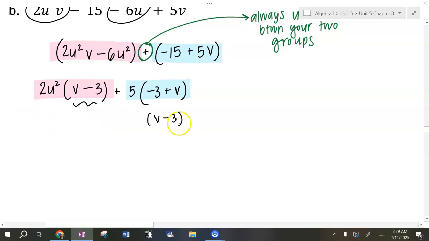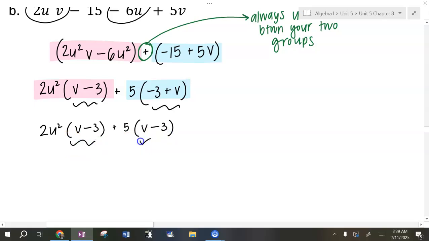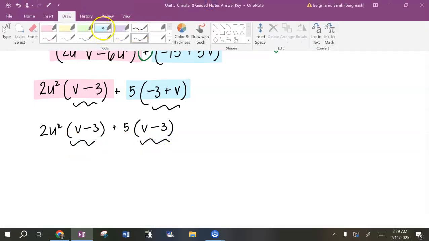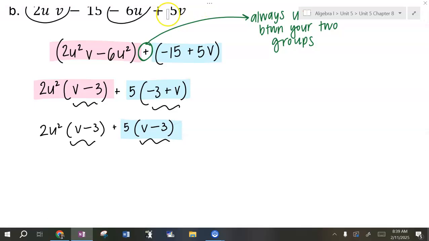If you'd rather write a new line and write that down as a separate step, you can, so that you can really totally see v minus 3 is a shared common factor between the two groups.